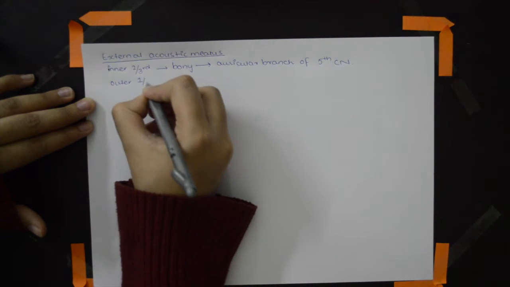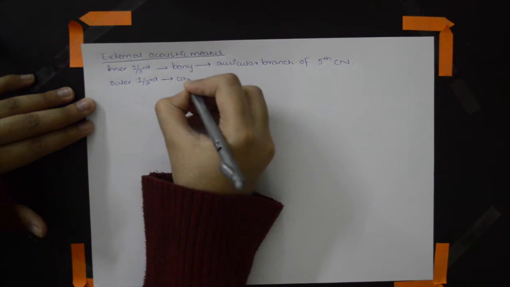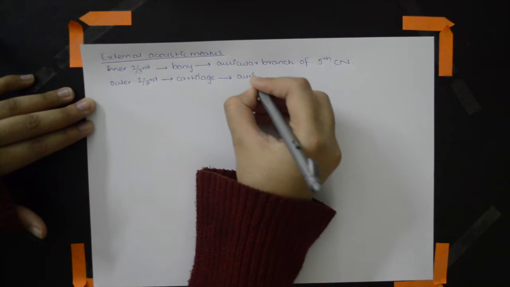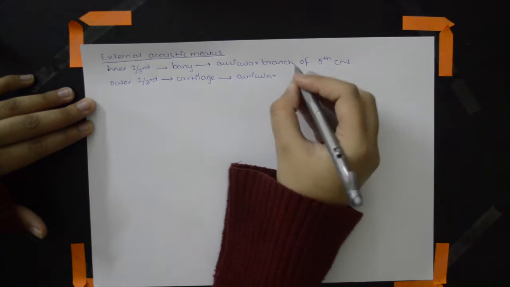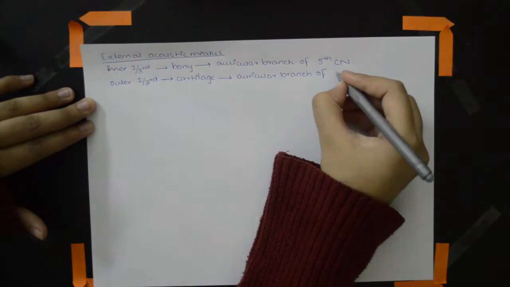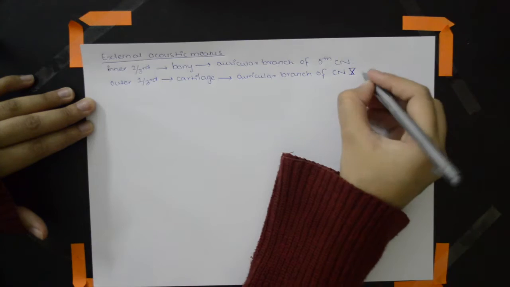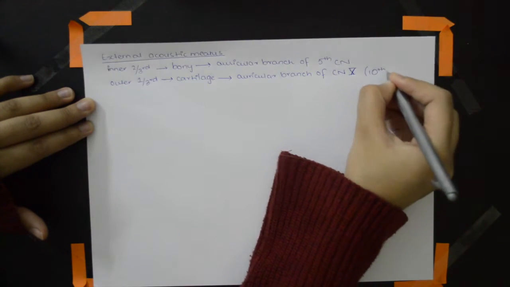The outer 1/3 is the cartilaginous part and it is supplied by the auricular branch of the 10th cranial nerve, which is the vagus nerve.